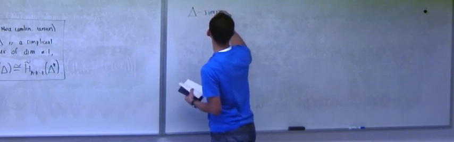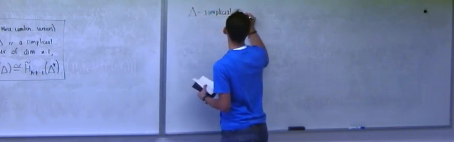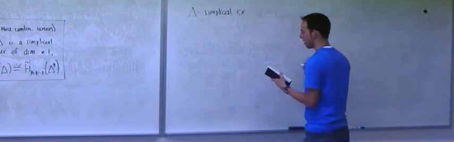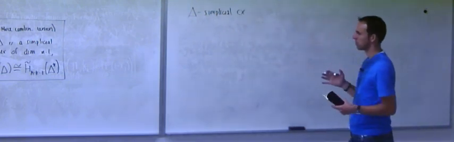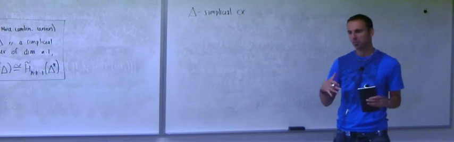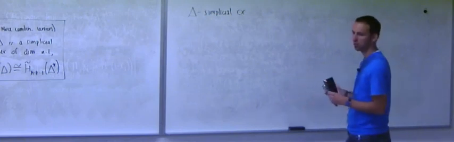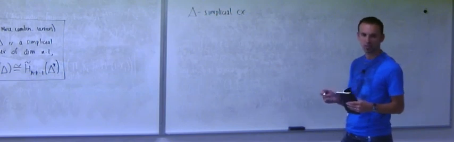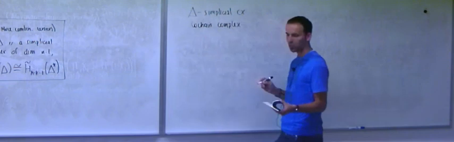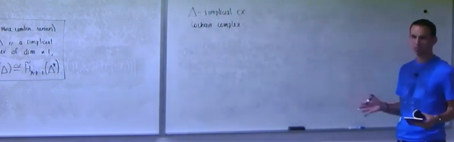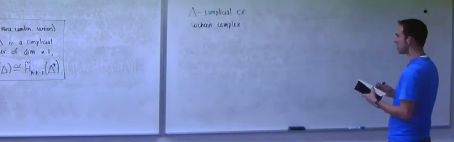You start with a simplicial complex delta. Okay. And now for homology we took something called the chain complex. Now we're going to do something called the co-chain complex. And because I only have 10 minutes, I'm going to sweep some details under the rug that are not really important.